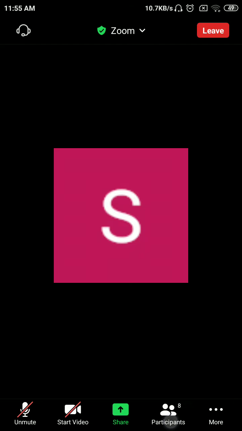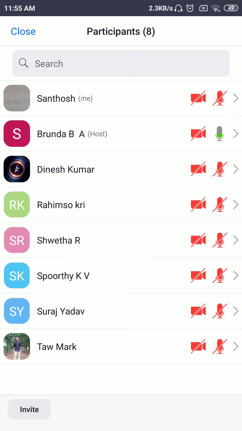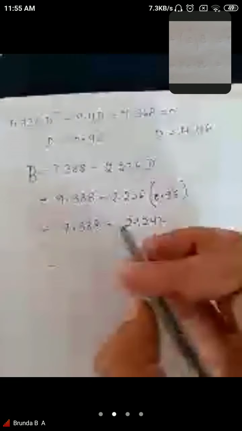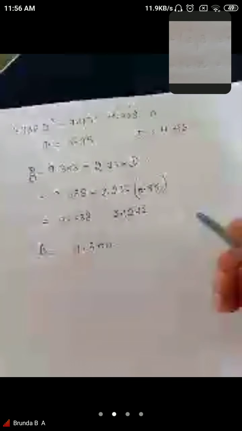So I have the value 2.1242. So if we subtract this, we get the value B is 7.3 meter.